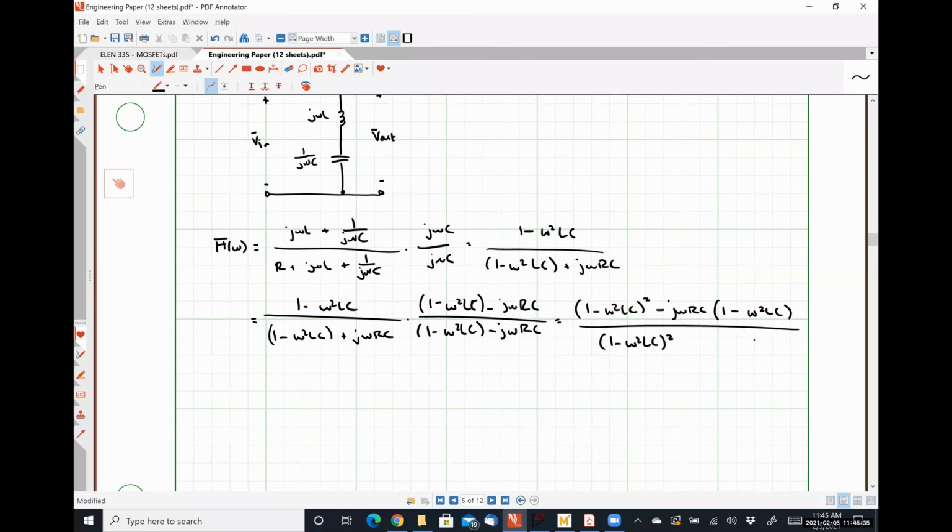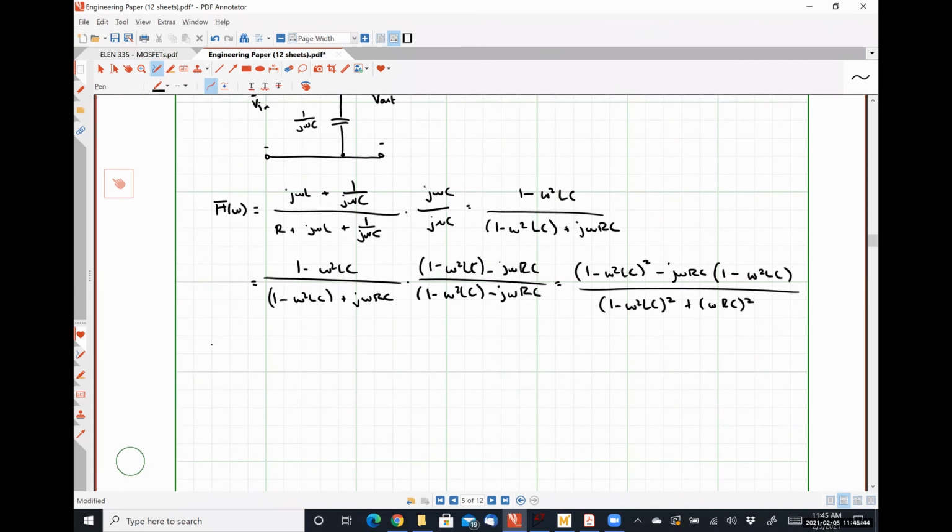So our magnitude is going to be the square root of the square of the real part plus the square of the imaginary part.